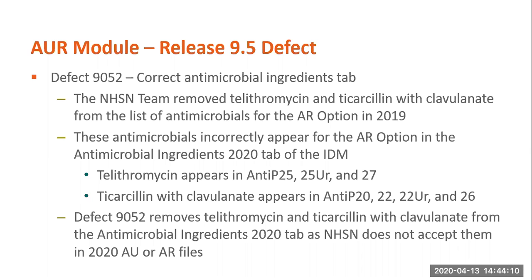Telithromycin appears in Anti-P 25 and 27, and ticarcillin with clavulanate appears in Anti-P 20, 22, and 26. Defect 9052 removes telithromycin and ticarcillin with clavulanate from the Antimicrobial Ingredients 2020 tab, as NHSN does not accept them in 2020 files. Next slide.